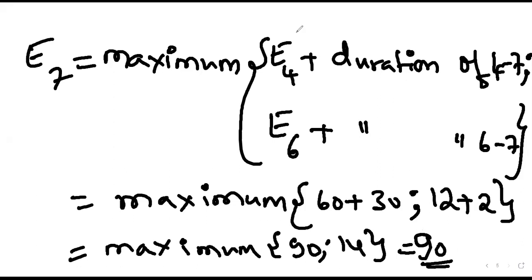Now, why is the maximum value considered? We'll write next. It's a very simple concept. Can anyone tell what was 4-7 and what was 6-7? What was the description of these two activities?